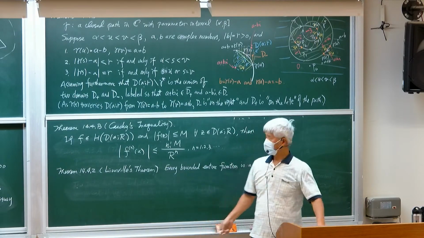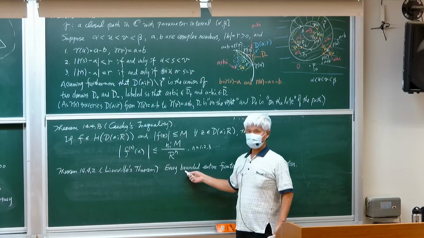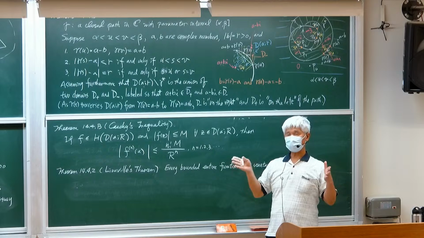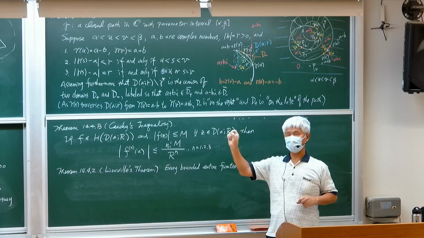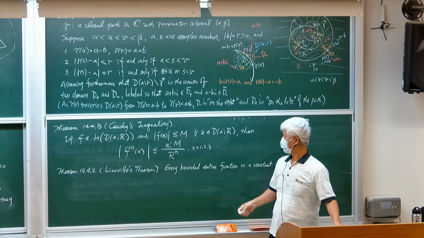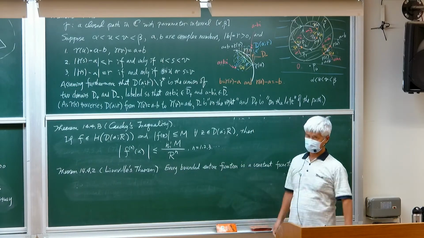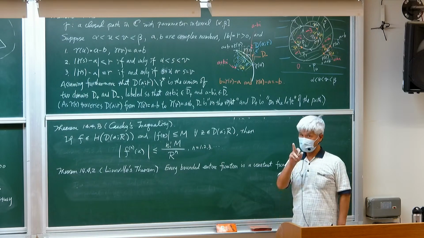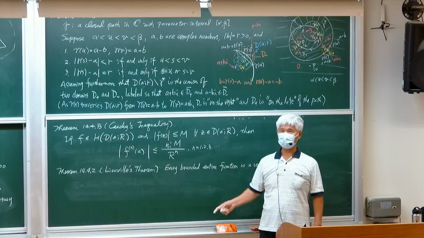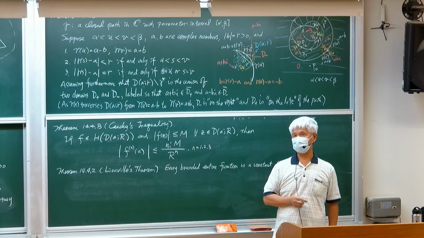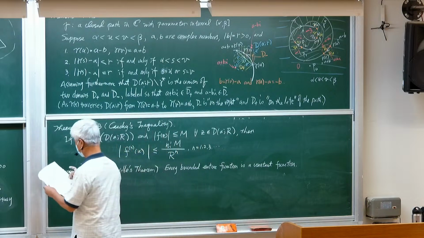Now, if an entire function is bounded, bounded means that the function value has magnitude upper bounded by some specific number called M. So if you have a bounded entire function, then this function must be a constant function, which means that if you have a non-constant entire function, then it must be unbounded. It's called Liouville's theorem.